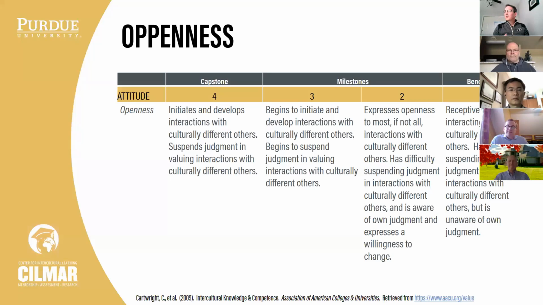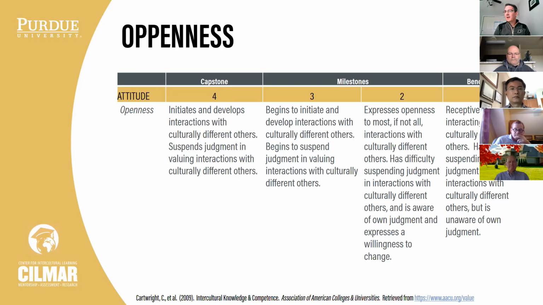so let's dive into our intercultural activity. I want to share my screen. This activity is exercising openness. Of course, we're talking about civil discourse. One of the things that Destin talked about is listening and that willingness to listen. If we look at the capstone for openness, there's two specific behaviors.